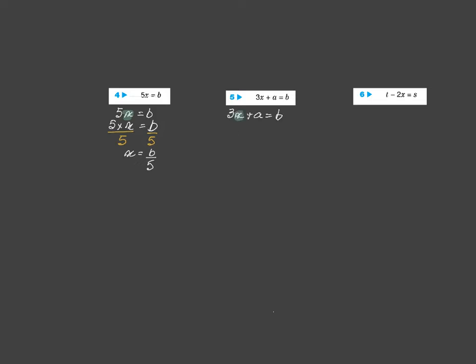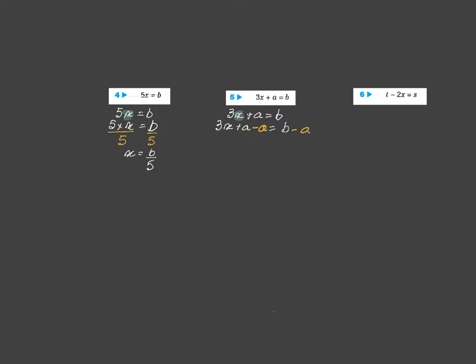Question 5, 3x plus a is equal to b, and x needs to be the subject. The first thing we have to do is get rid of that a by subtracting a from both sides. On the left, 3x plus a minus a is equal to, and on the right, b minus a.